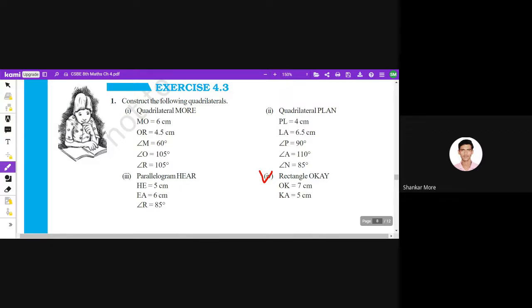Okay. So we have two sides but no angles. So how we gonna do that? Okay, tell me a rectangle के जो angles के measures रहते हैं क्या रहते हैं?